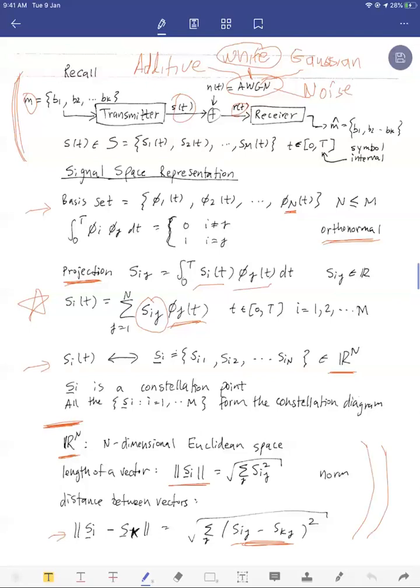This is going to significantly simplify our understanding of the communication system, how to design transmit signals, as well as how to demodulate a specific digital modulation scheme. So this was a review of what we did last time. On one page, we have the entire explanation of signal space. If you get confused, you can come back to this slide, and it should tell you what signal space is.